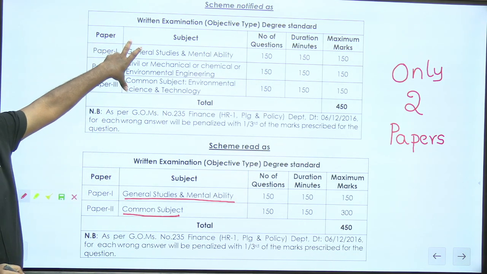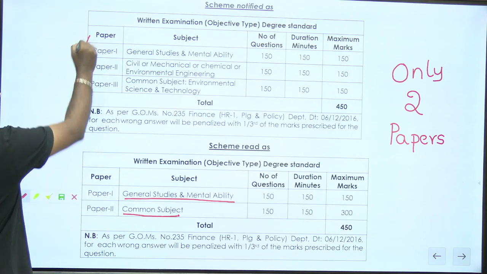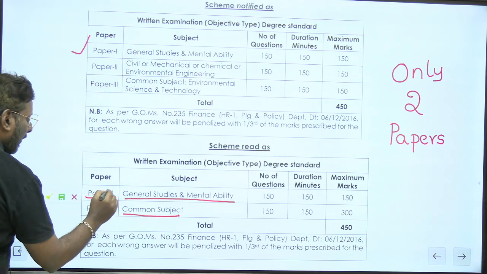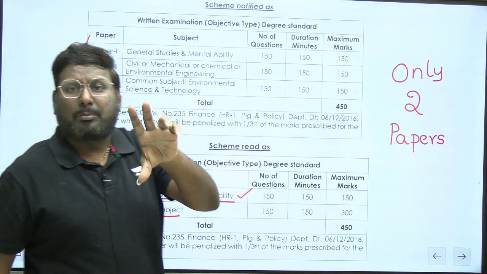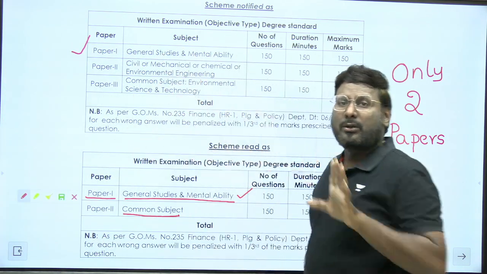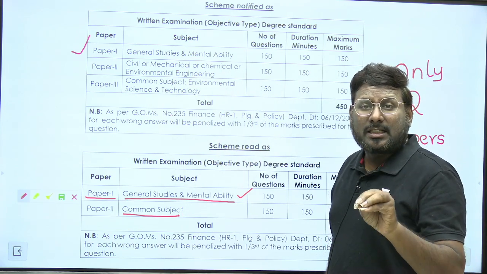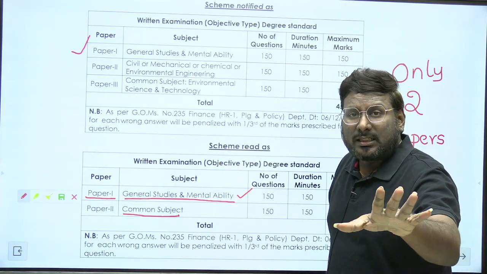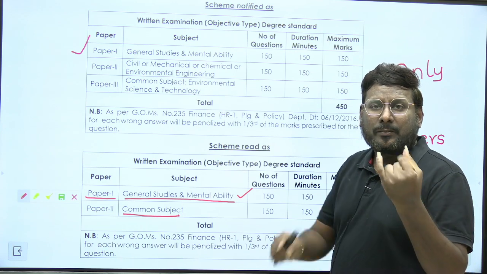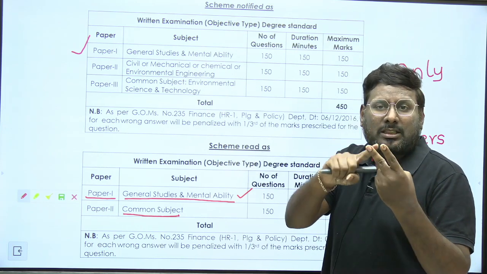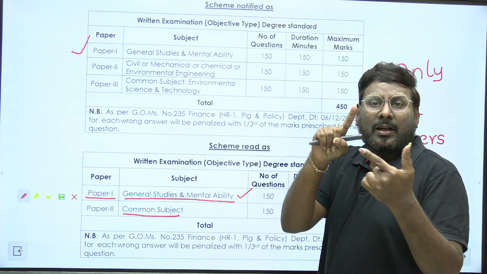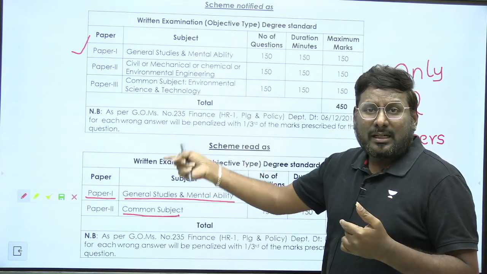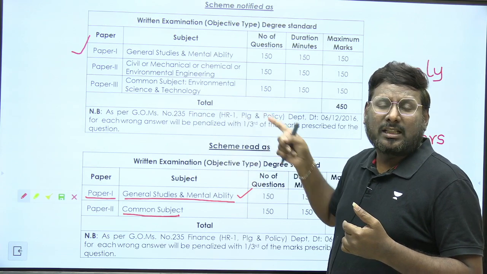Instead of 3, paper 1 is the same. What about paper 1? General Studies and Mental Ability, there is no change in paper 1. What I discussed in the previous video: current affairs, history, polity, science and technology, geography, economy, and reasoning, mental ability, logical thinking.